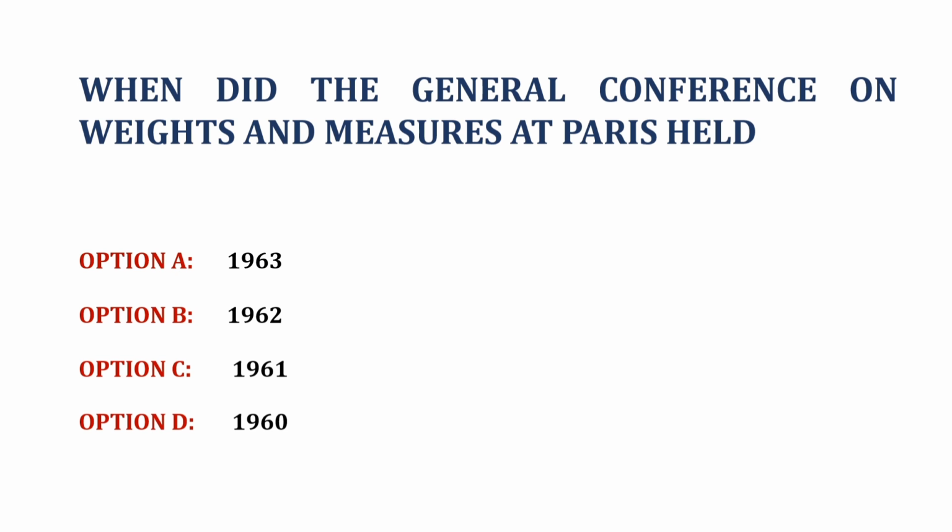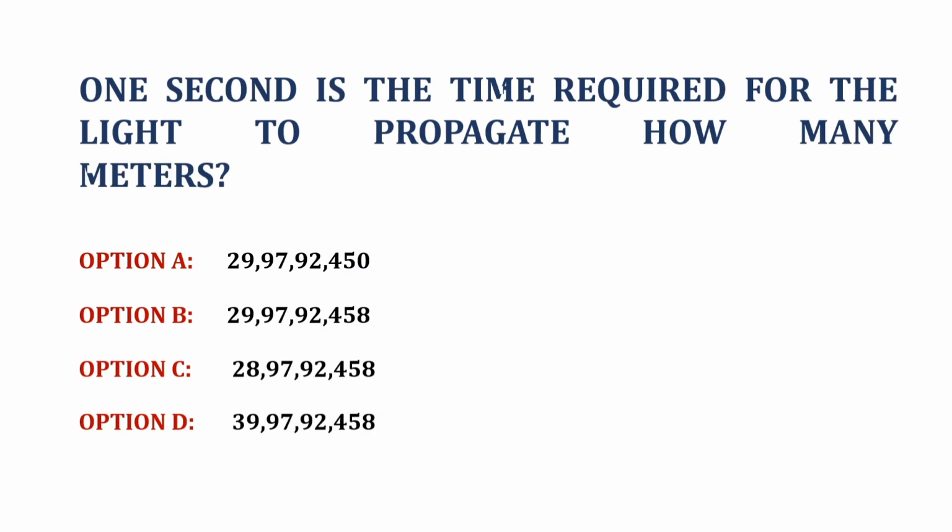When did the General Conference on Weights and Measures at Paris held? Option D. 1960. 1 second is the time required for the light to propagate how many meters?